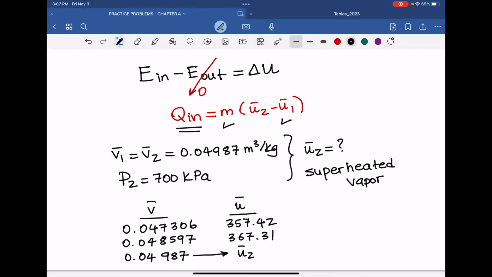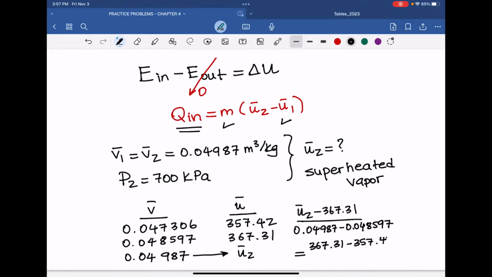So what we can do here is U2 minus this over this is equal to this.